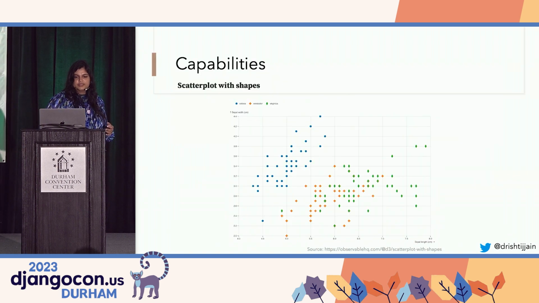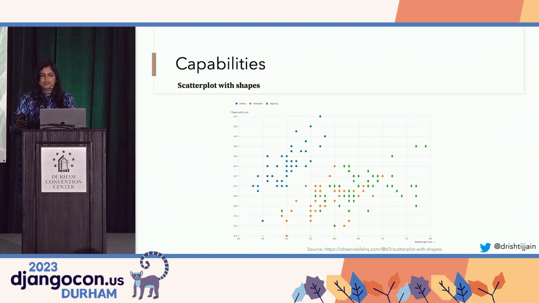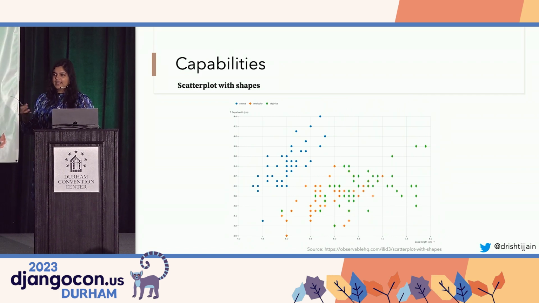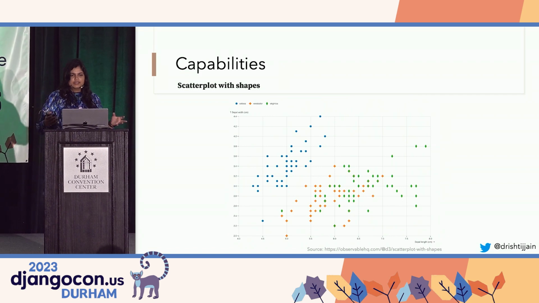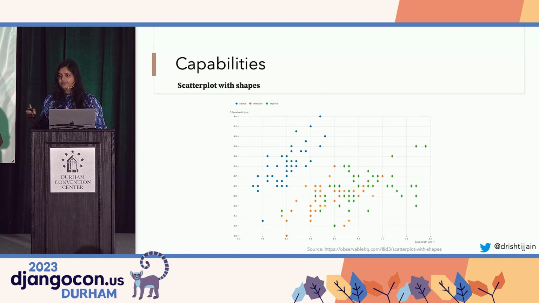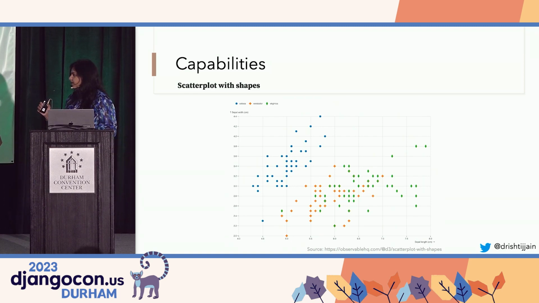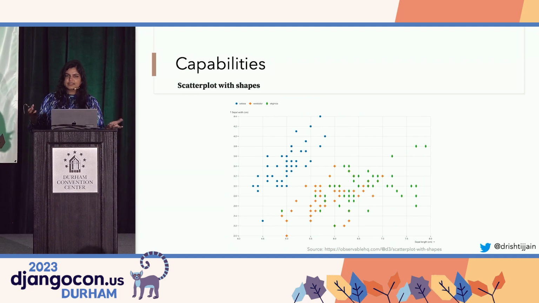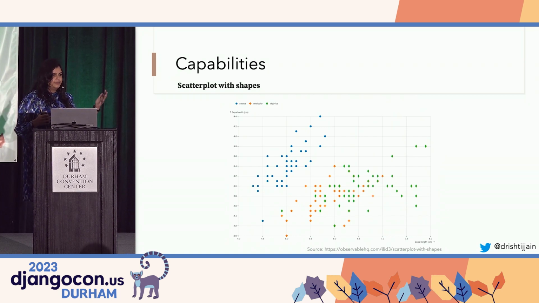To show you the different capabilities that are possible with D3.js and Django, consider a plot like this. This is a scatter plot with different shapes. So this is the basic data set of the iris flower and the different three categories, the three species that are out there. Now, instead of representing it as normal dots, I wanted to have more different shapes to represent different species.